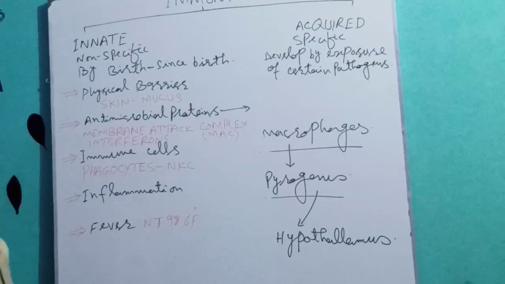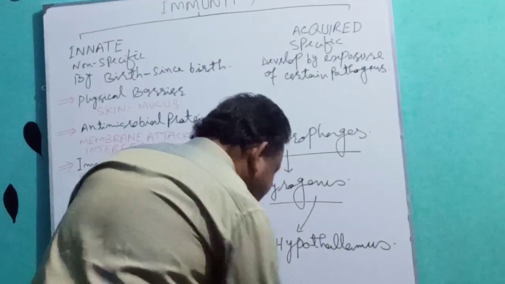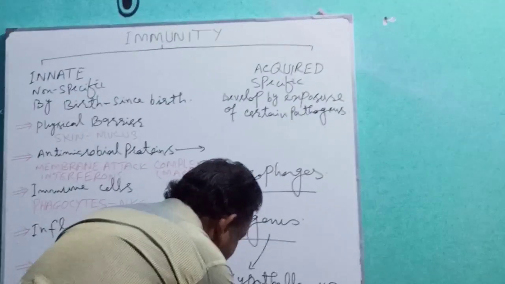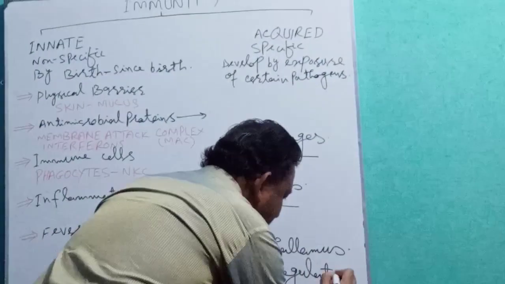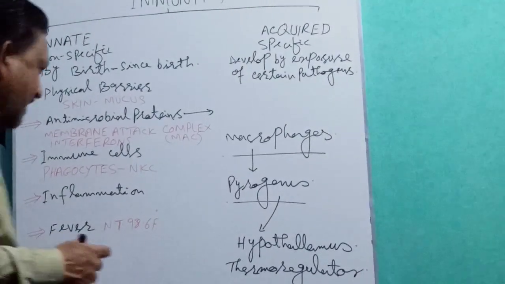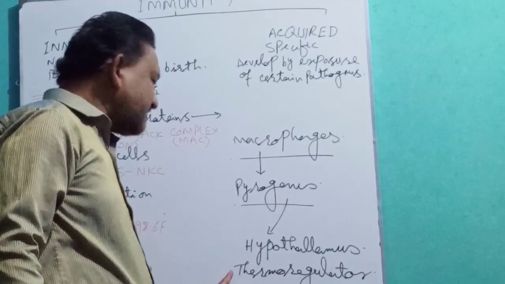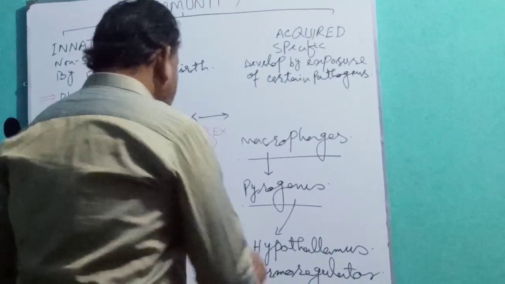Hypothalamus is part of the forebrain, and this is the regulator. Hypothalamus is the thermoregulator. The pyrogens boost the hypothalamus to increase the temperature.